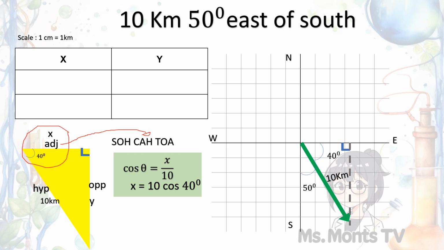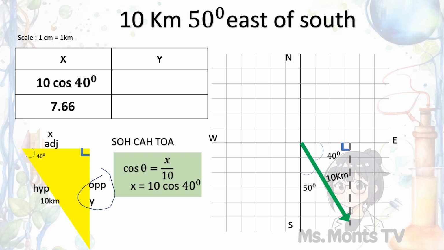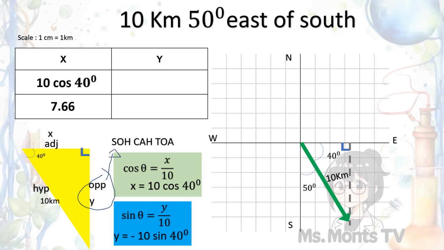Positive because the x component, which is the east, is positive. 7.66. After that, we have the y component. Y is the opposite, so we will use sine. Sine theta, y over 10, so y equals negative 10 sine 40. Negative because it is going to the south. Okay?